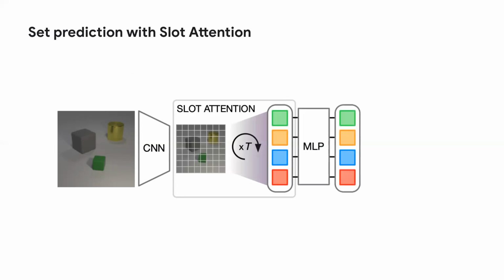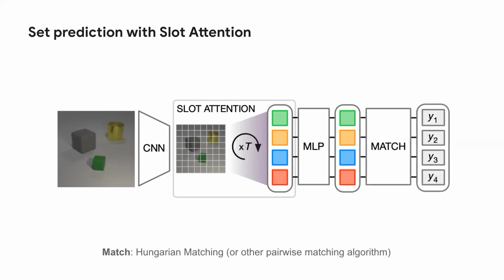Here we share the parameters, so we apply the same MLP to all the slots. And this MLP is going to predict the properties of the objects. For example, it's a rubber cube, it's gray, and it's at this particular position. And we train this supervised, so we have ground truth labels for the object properties.